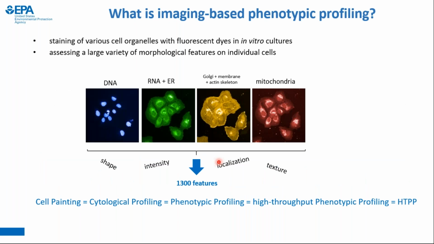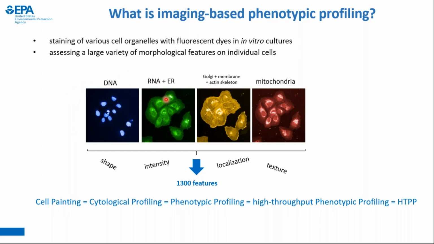Now, imaging-based phenotypic profiling is a profiling method where you stain various cell organelles with fluorescent dyes in vitro cultures. And then we can assess a large variety of morphological features in these individual cells. So we are using a version or a combination of labels that is called the cell painting assay that was developed by the Broad Institute.